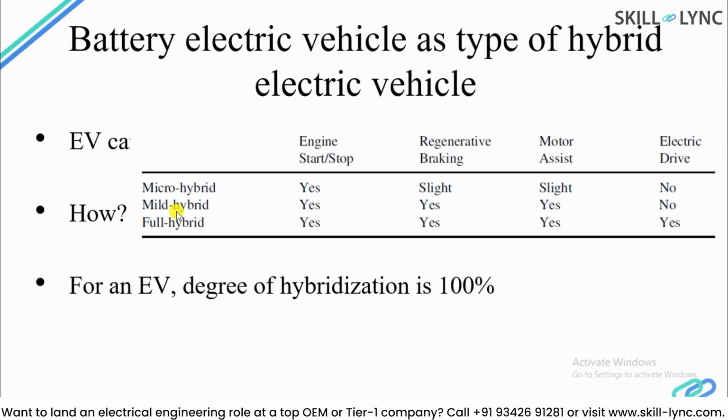A mild hybrid vehicle is one where the electrical system takes more responsibility and provides regenerative braking and motor assist features. A full hybrid electric vehicle is one where the electric system can contribute independently to the propulsion power. So here there is no need for an engine to start. A full hybrid electric vehicle can run either on the engine or on the electric system alone. This is possible in a full hybrid vehicle.